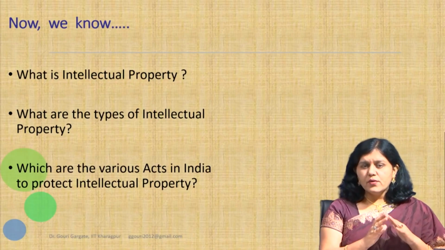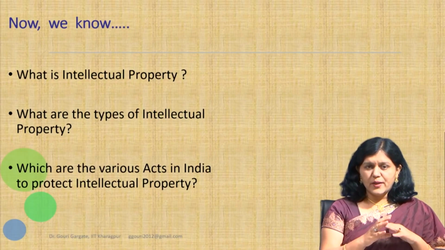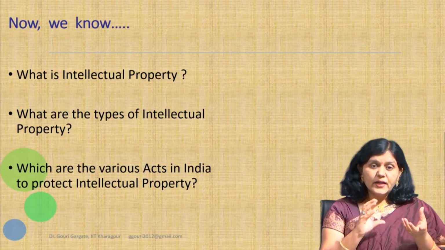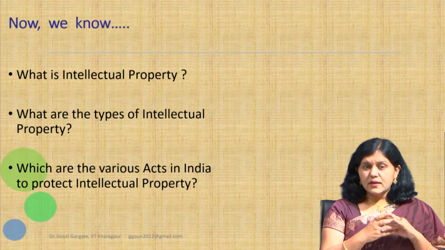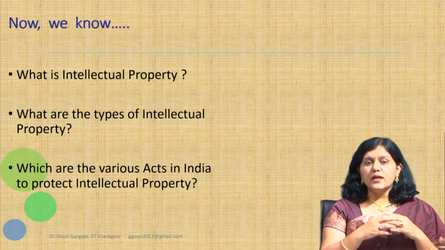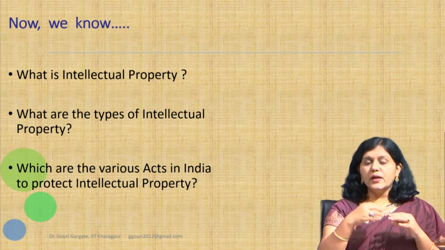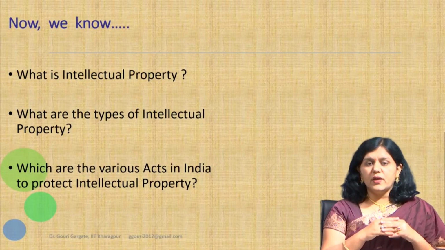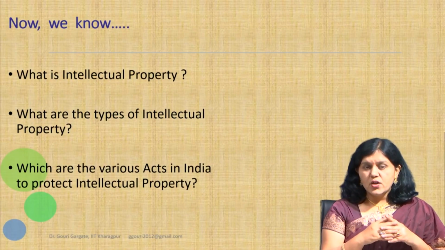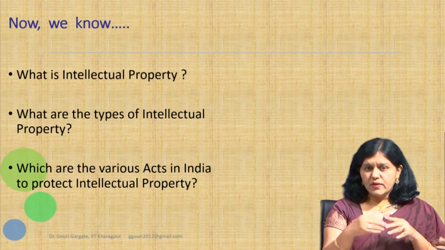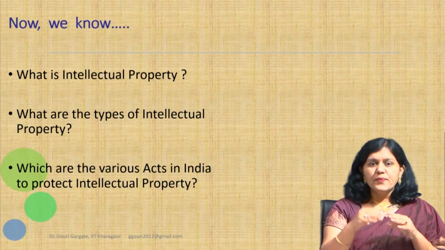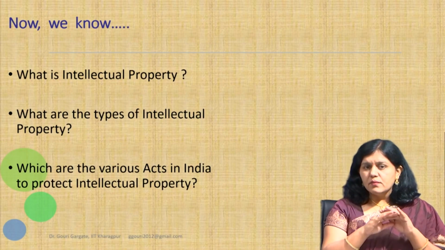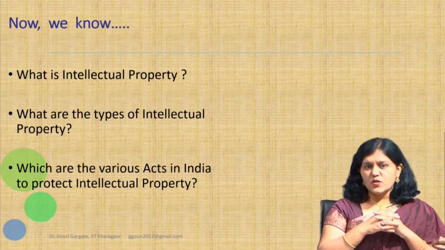So we cannot use these words interchangeably, and there is a different time period for how much time you will get a monopoly with a particular type of IP, and how effectively you can use this IP when you are doing your business. We will go into more details as we go through the course, but now at least you are getting the basic idea. These are the different types of IP.